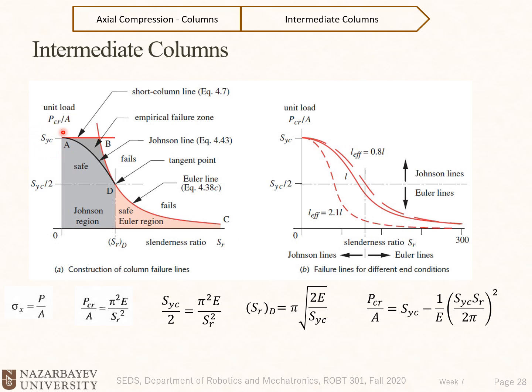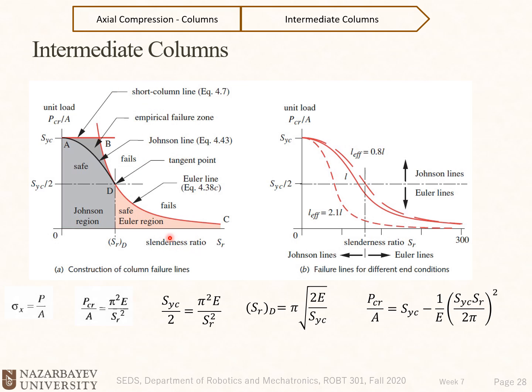So at SYC, or compressive yield strength, the material will yield or will fail. So it doesn't matter how much SR is at this point. For sure, the column will fail. That's why we have this horizontal line, and it is mostly used for short columns.